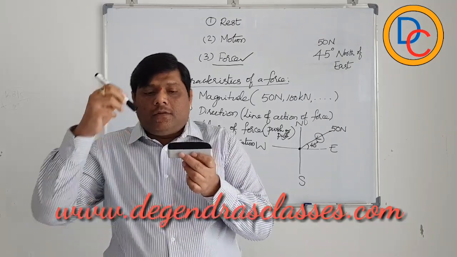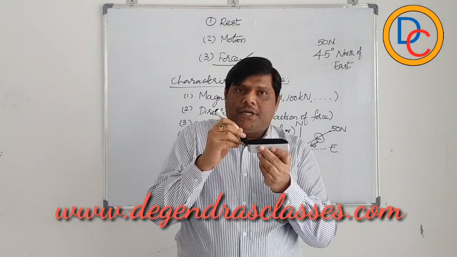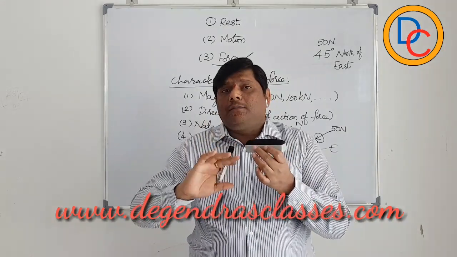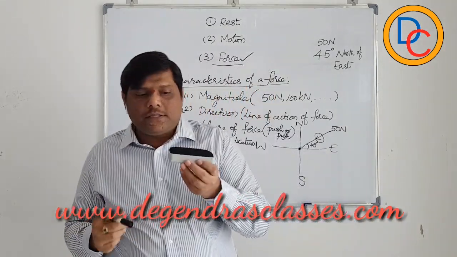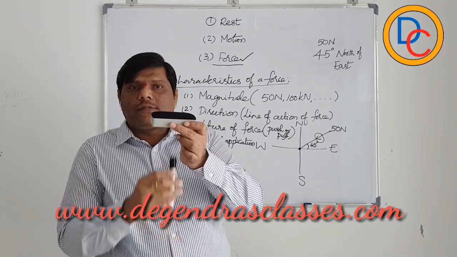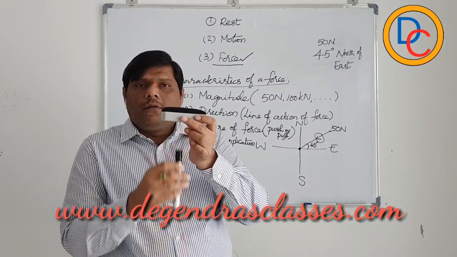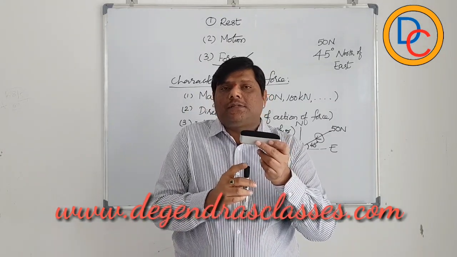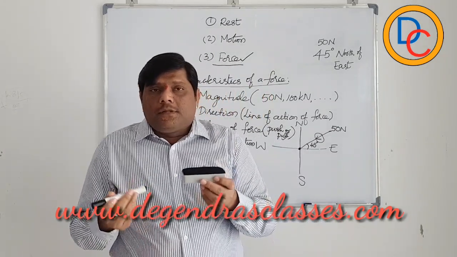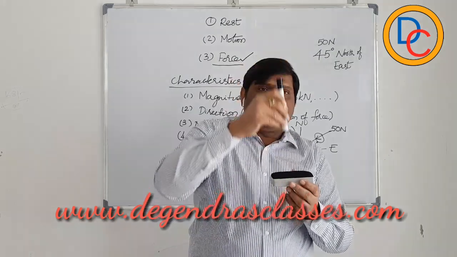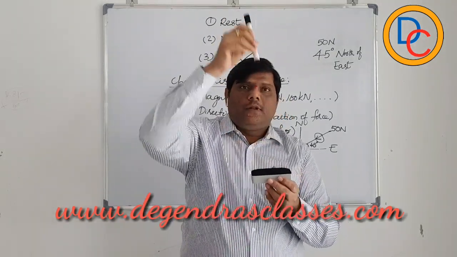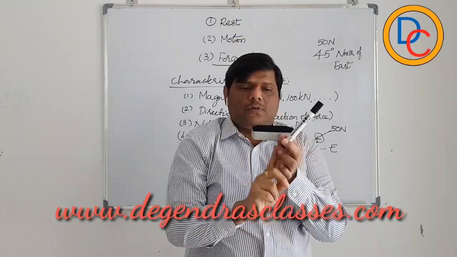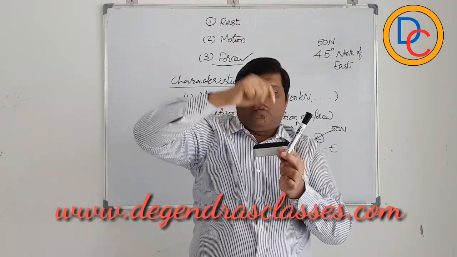Or we can say not only the point at which, but also the point through which we can consider. Suppose it is going like this. So this we can consider as the point through which this particular force is acting. If we are considering the force like this, the line of action of force is going like this, so this is the point through which it is acting.